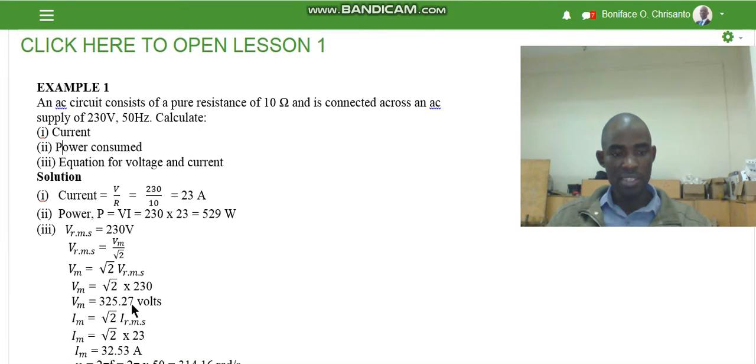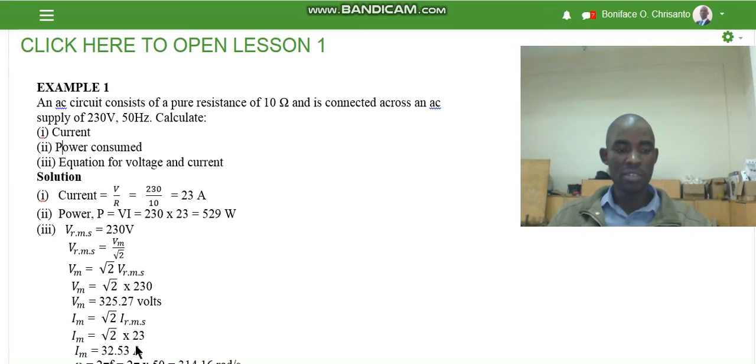In the same way you get the maximum voltage, you will get the maximum current. The maximum current is also given by root 2 multiplied by the root mean square value of current.